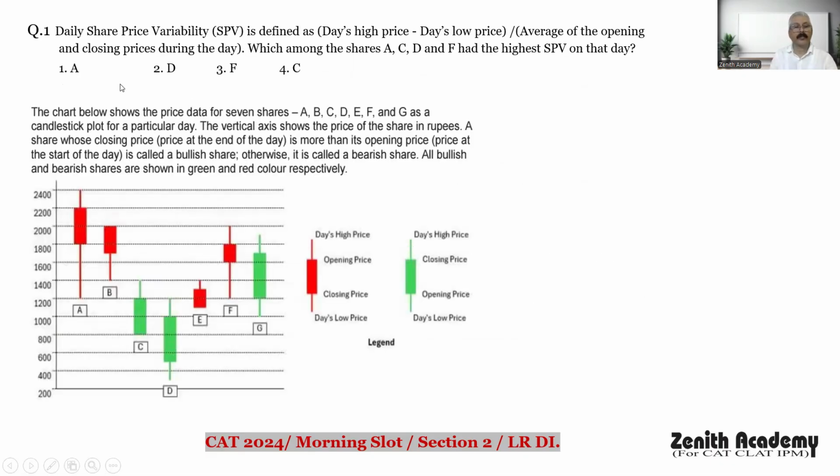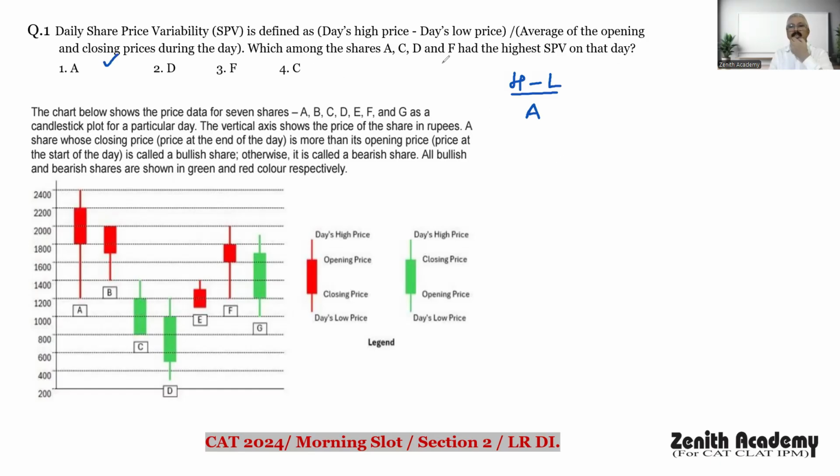Question number 1. Daily share price variability SPV is defined here as daily high price minus daily low price over the average price of the opening and closing price.